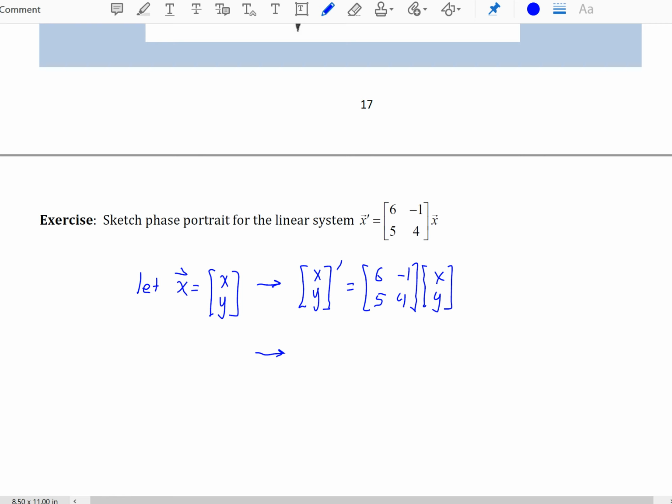Our first element on the left hand side will be x prime. The second element will be y prime. Now if we do our matrix multiplication on the right, remember the way we did this is taking the first row of our matrix A times the first column. This will give us 6x minus y, and our second equation will be 5x plus 4y. So this is our system of equations that came from our matrix equation.